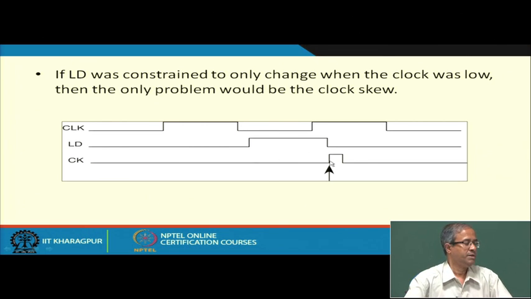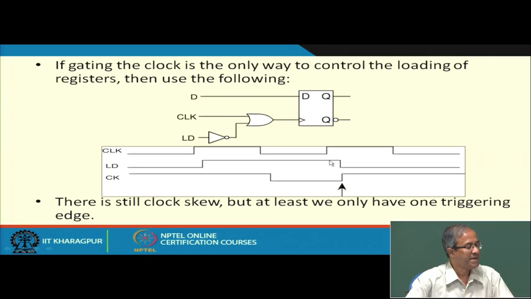But again, here is another solution which also avoids the problem irrespective of when you are activating the load. Instead of using an AND gate, you use an OR gate and you invert the load and apply it to this OR gate.